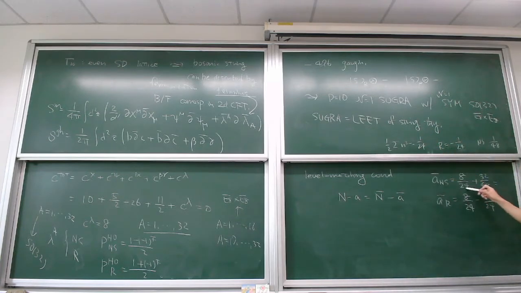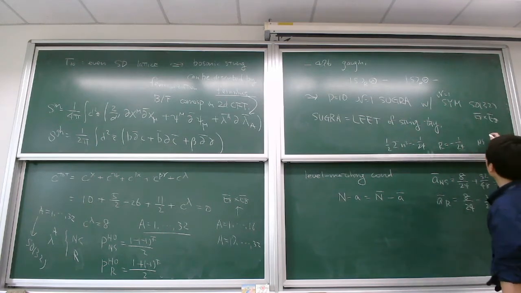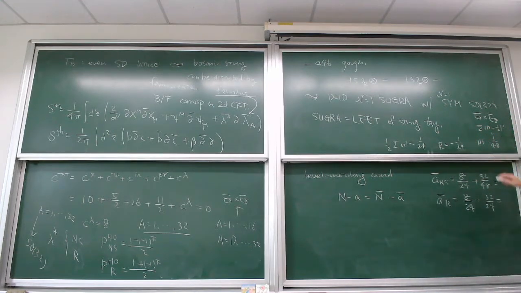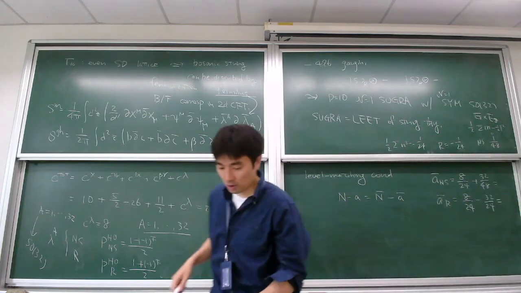So that is bosonic 1 over 24, but for fermionic you have a minus sign here. So that's how we get the Ramond, minus 1 over 24. This is coming from 1/2 of this, as you recall. Let me check. I think this should be okay.